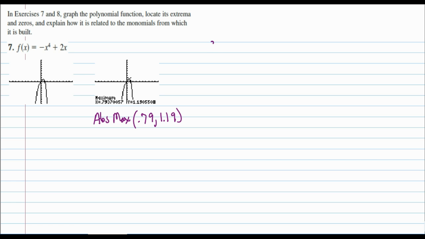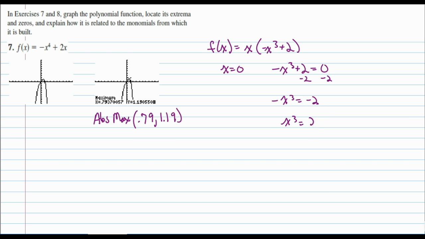Now the big question is, what are the zeros? So I am going to factor out an x, and I'm going to leave on the inside negative x cubed plus 2. So either x equals 0, so the origin is one of the zeros. The other one, negative x cubed plus 2, could equal 0, so subtract 2 from both sides. Negative x cubed equals negative 2. Divide both sides by negative 1: x cubed equals 2.